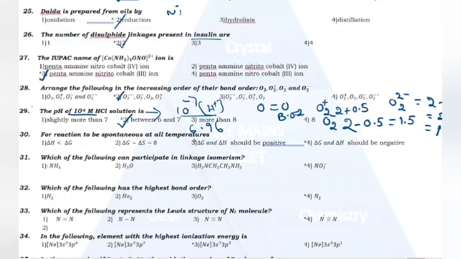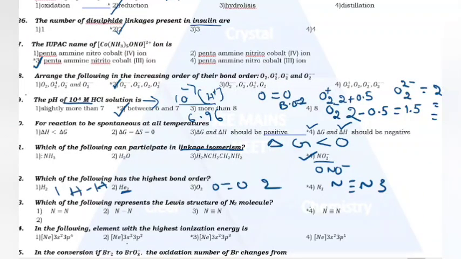And for helium, we know already it is a noble gas, and noble gases are monoatomic. That means the He2 molecule does not exist, so the bond order is 0. But they are asking for the highest bond order, right? So the answer will be N2.